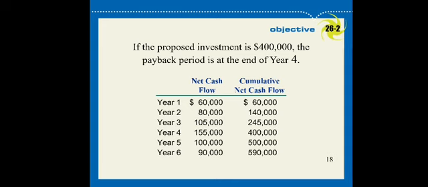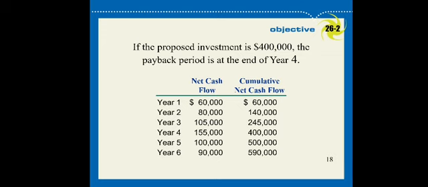If the cash flow from the asset is not equal every year, then you have to use this table. For example, here the investment is 400,000. The net cash flow is 60,000 in year 1, 80,000 in year 2, year 3 105,000, year 4 155,000, year 6 100,000, year 9 90,000.